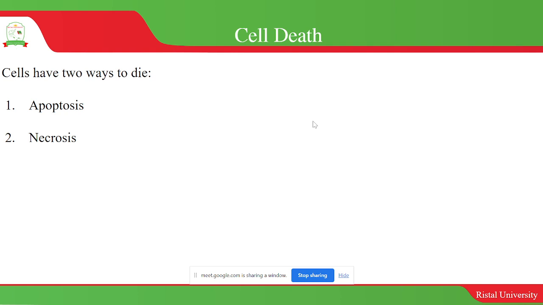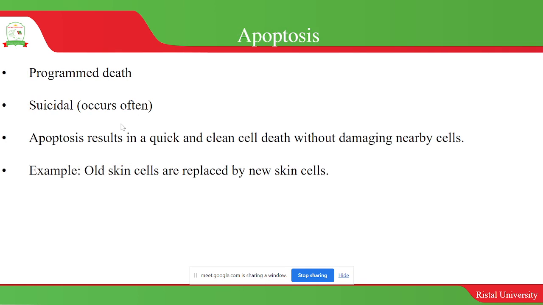So cells can die through two processes. One is apoptosis, and the second one is necrosis. Apoptosis is what we call programmed cell death.